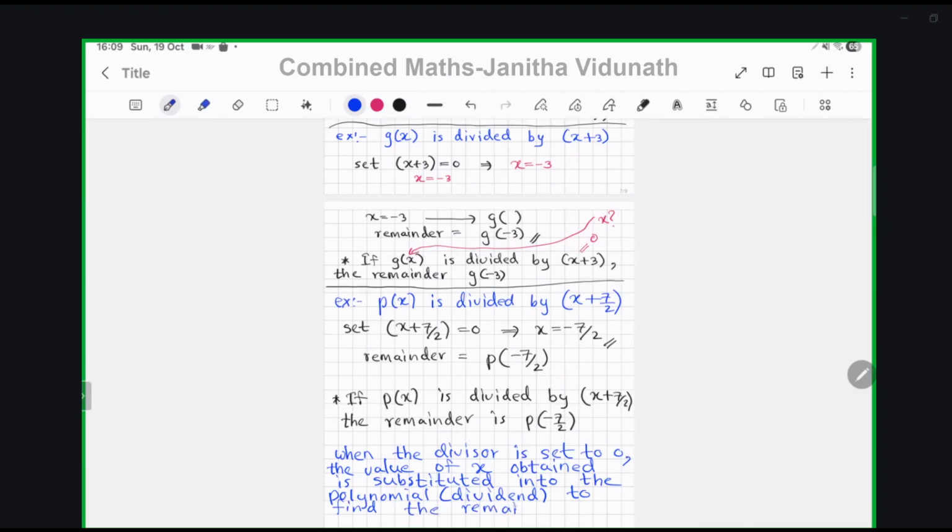After writing the above two examples, write down this also.